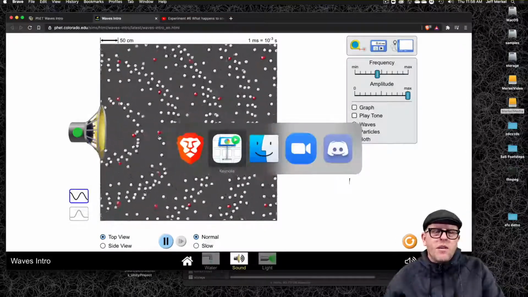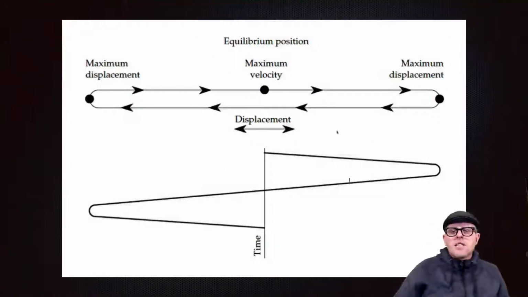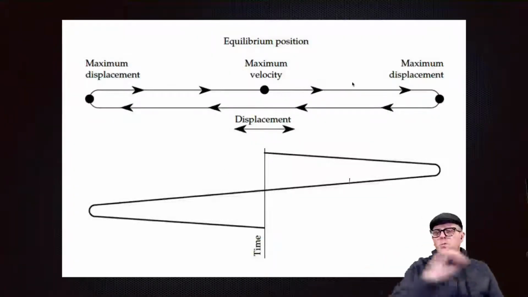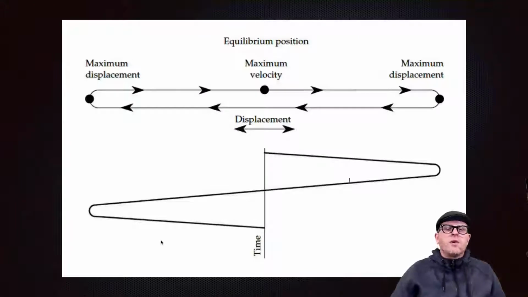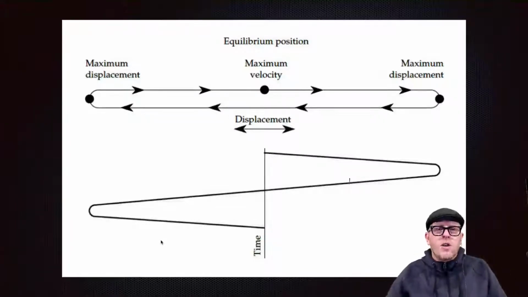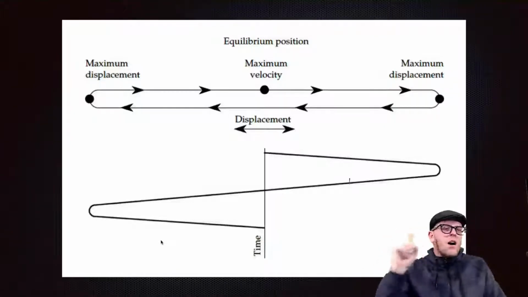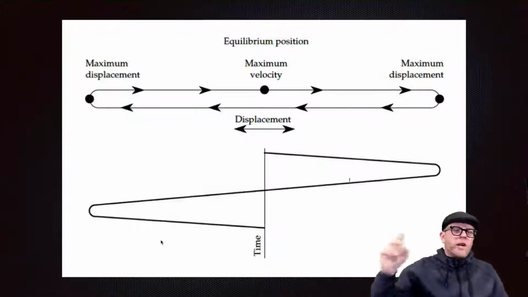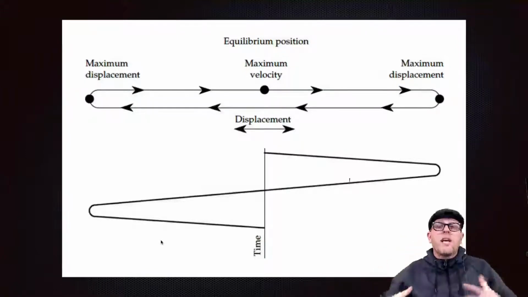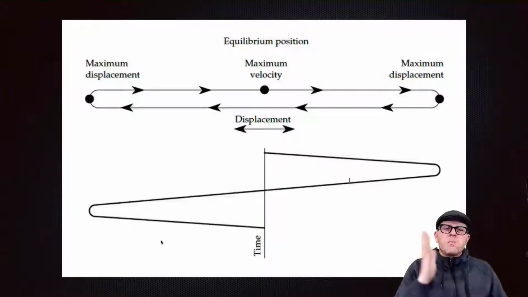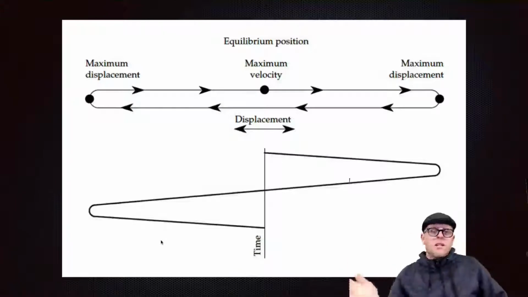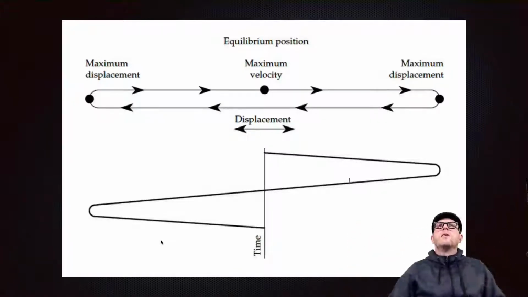So the idea is that the air molecule displacement correlates to amplitude, which we can then correlate to how loud it is. The farther the air molecule displaces, the harder it's pushing and pulling on our eardrum, which we perceive as loud. So a small displacement is quiet, a large displacement is loud. Cool.